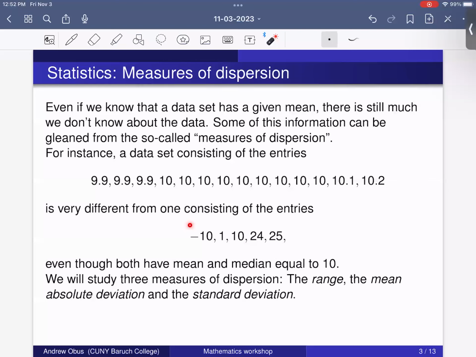For the second, the numbers add up to 50 and you divide by 5, so the mean is 10, and the median is the third entry out of 5, which is also 10. Both have mean and median equal to 10, but this looks a lot different from that one. This data set is more dispersed, and this one is less dispersed.